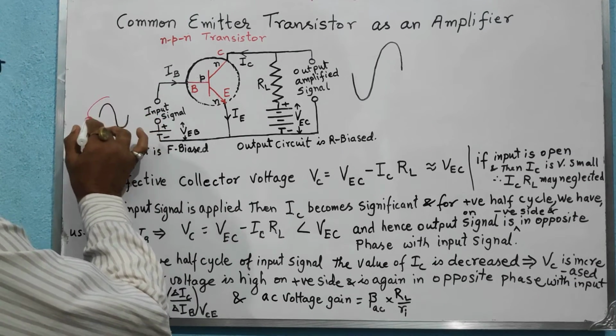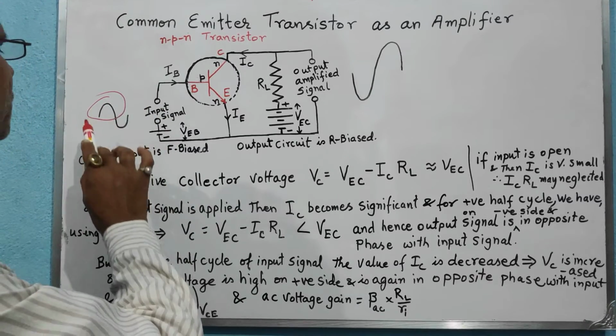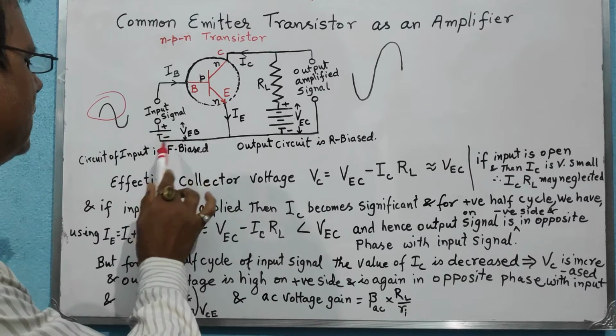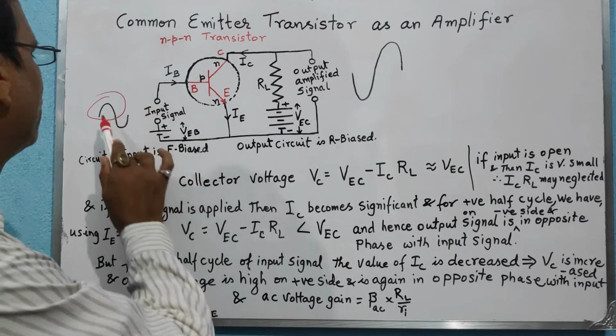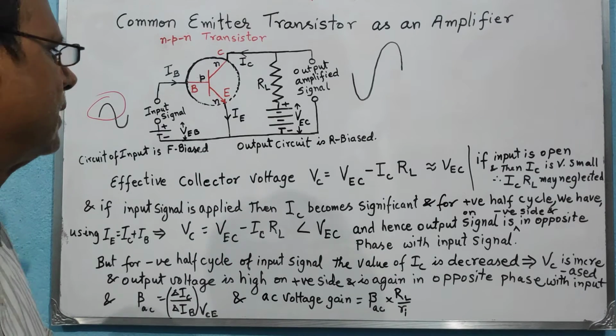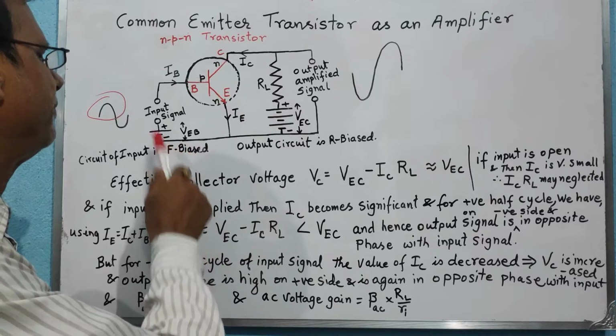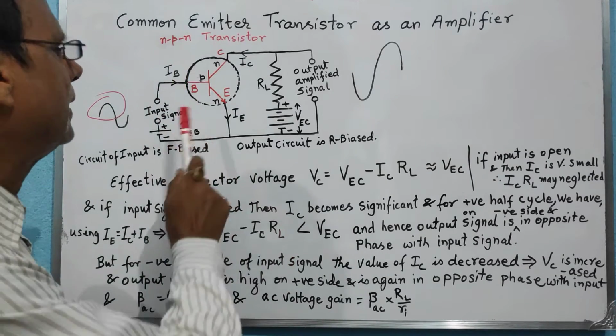During the positive half cycle, the forward bias is supported by this positive half cycle of the signal wave, and therefore the forward bias is effectively increased at the input.